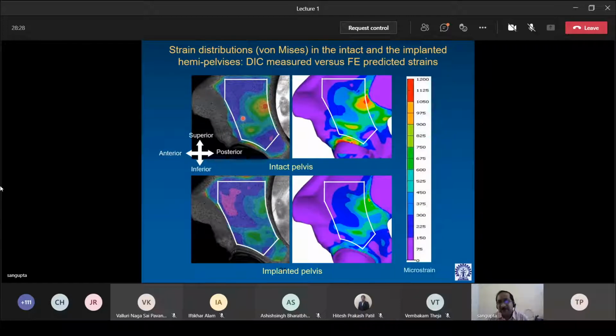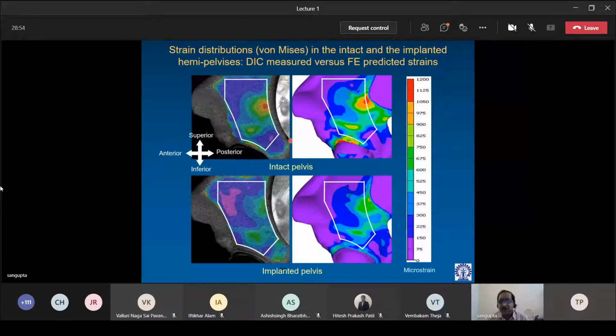Within this, all data are important and relevant. This is the intact pelvis. This is the implanted pelvis. And immediately you can see this effect of stress shielding or strain shielding, evident due to a huge change in the strain distribution after implantation. Okay.